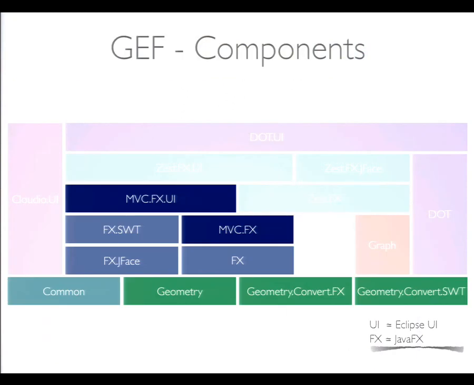To demonstrate these complete framework stacks we have two deployed examples, and I want to show them to you today. The one basically shows our core stack, so it shows the usage of the common infrastructure that we provide. That provides an enhanced adapter or adaptable pattern like the one that is used in the Eclipse platform.